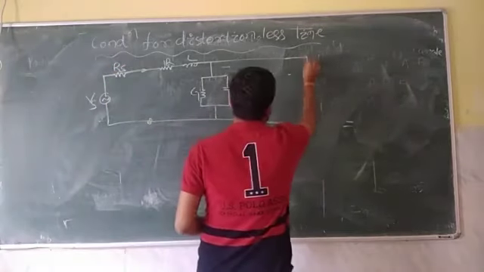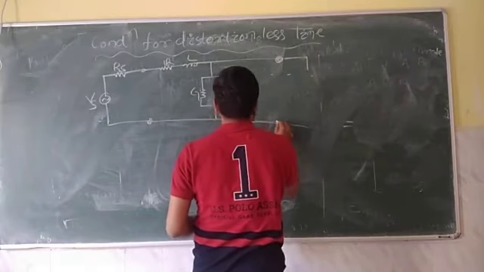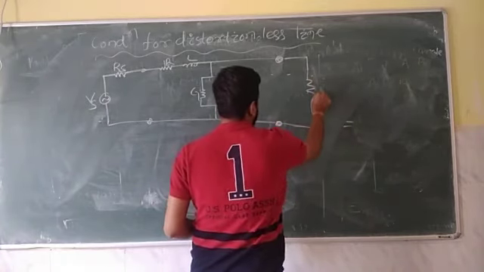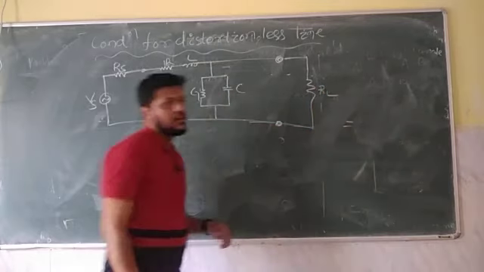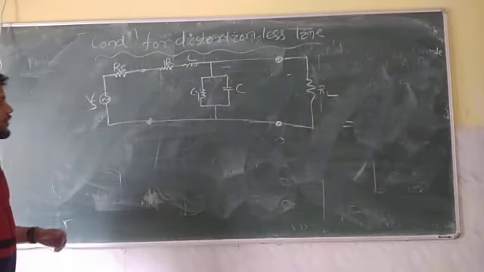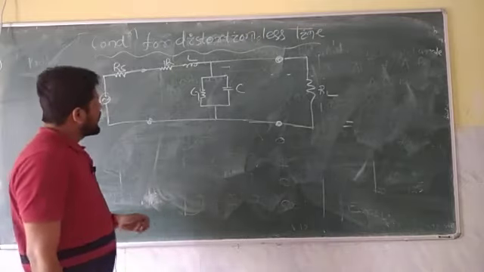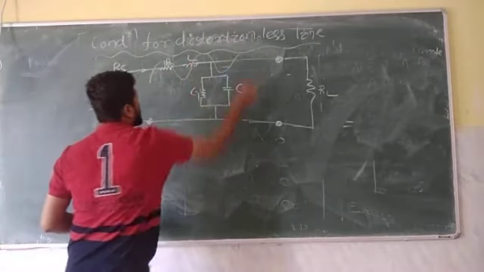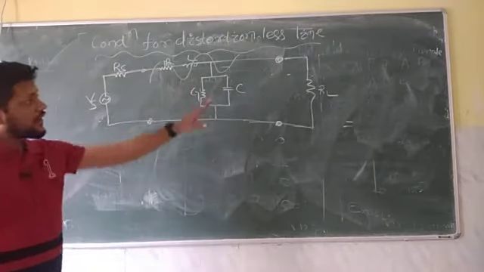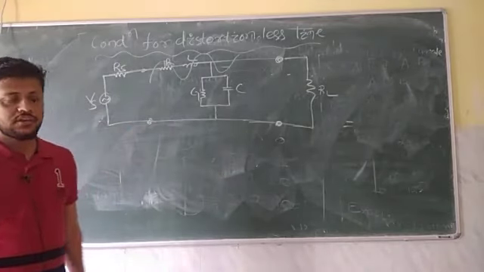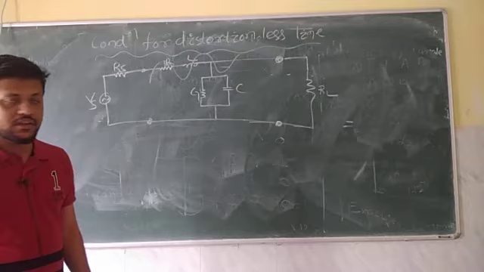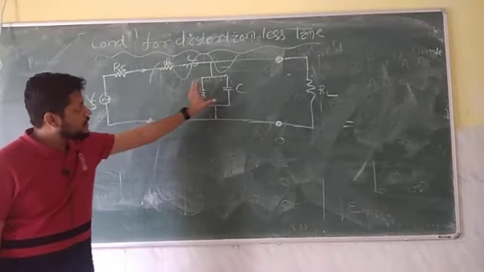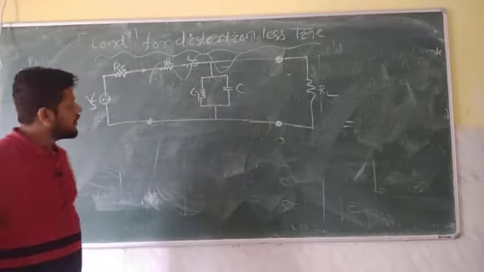Then we have the transmission line, and then the load, which is represented here as RL or ZL. When the signal propagates through this circuit, it must reach the load without any distortion. So what must be the condition for distortionless? Here we can see this is the series branch and this is the parallel or shunt branch.